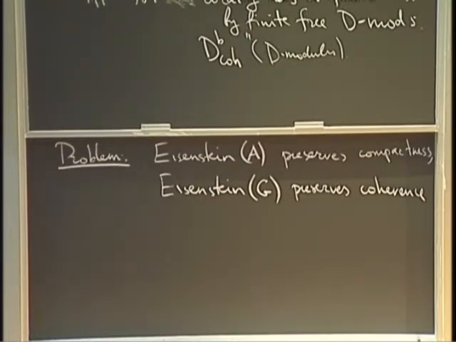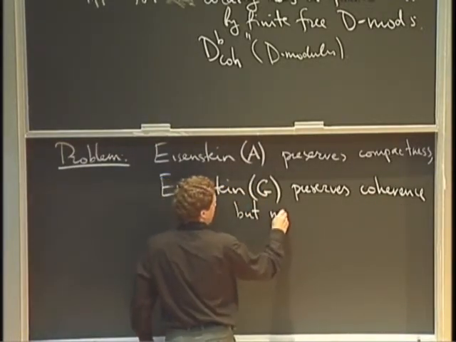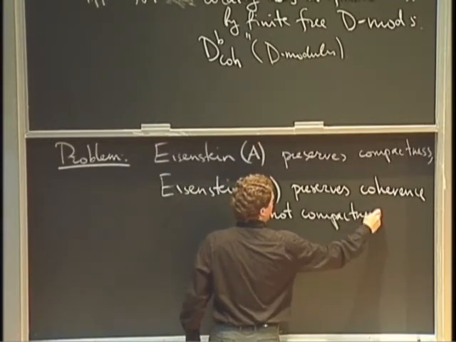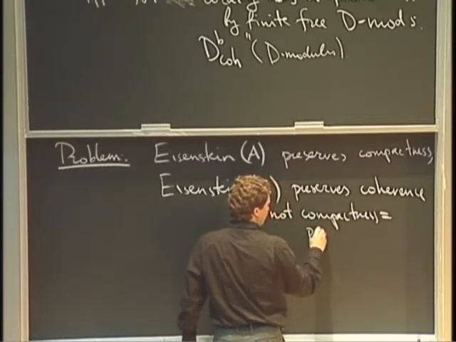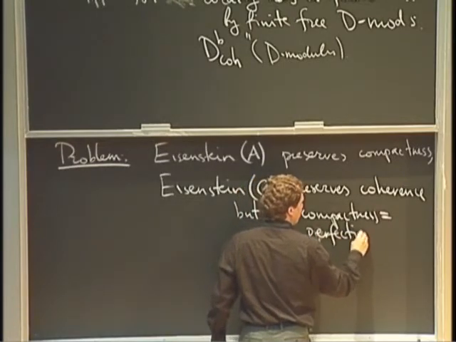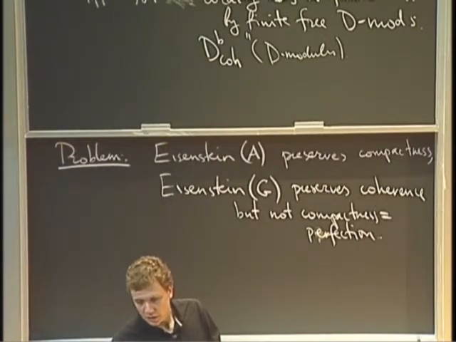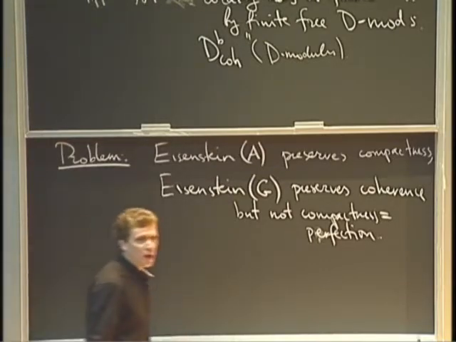So it preserves coherence but not compactness or perfection, whatever. All right, so this is what the problem looks like from the point of view of the Eisenstein series functors.